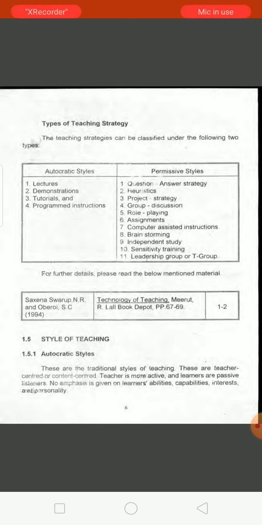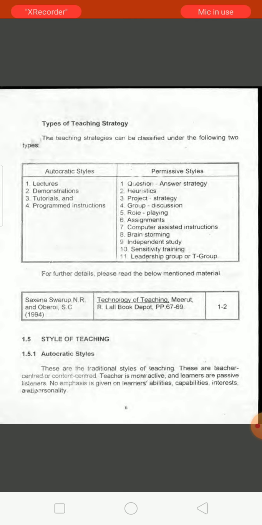Nine is independent study. You just give a topic, and the students are supposed to have an independent study on this topic. Number 10 is sensitivity training, where any kind of issues or any kind of idea that you want to convey to the learners may be given through these types of trainings.